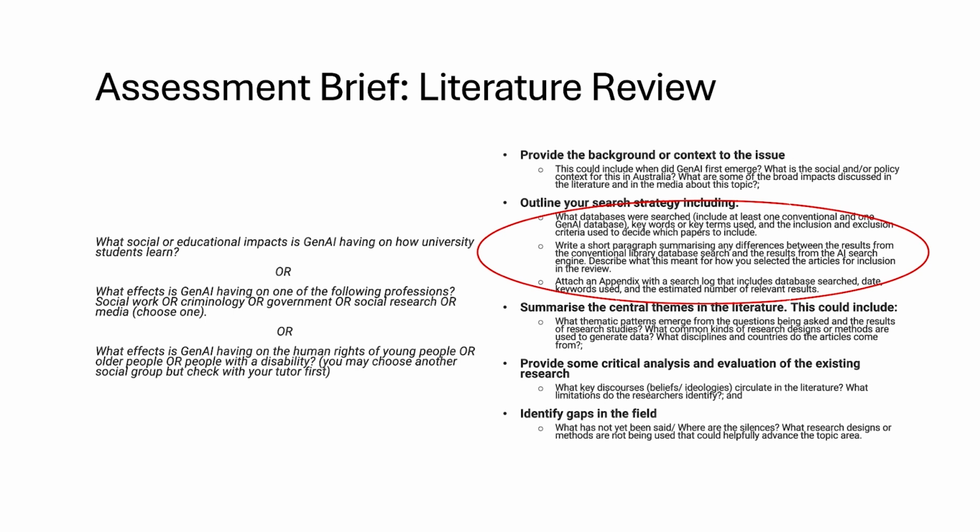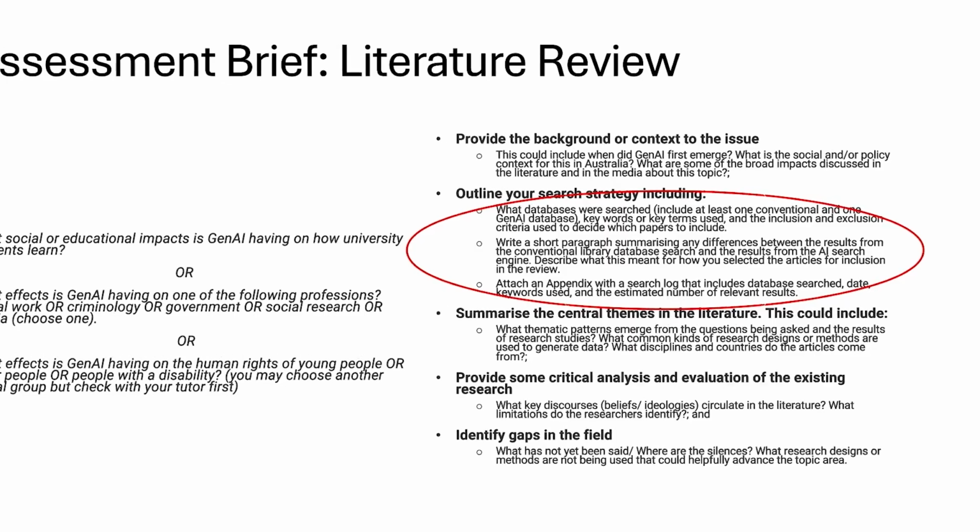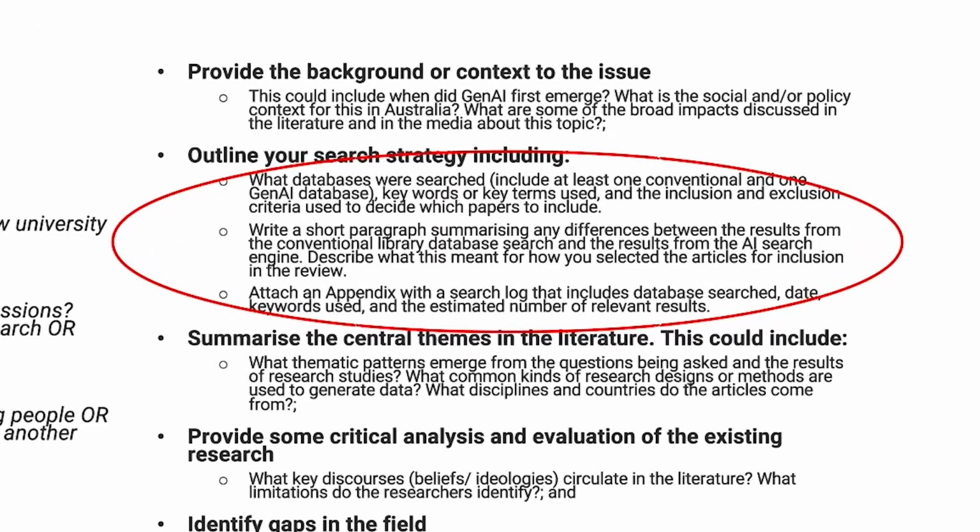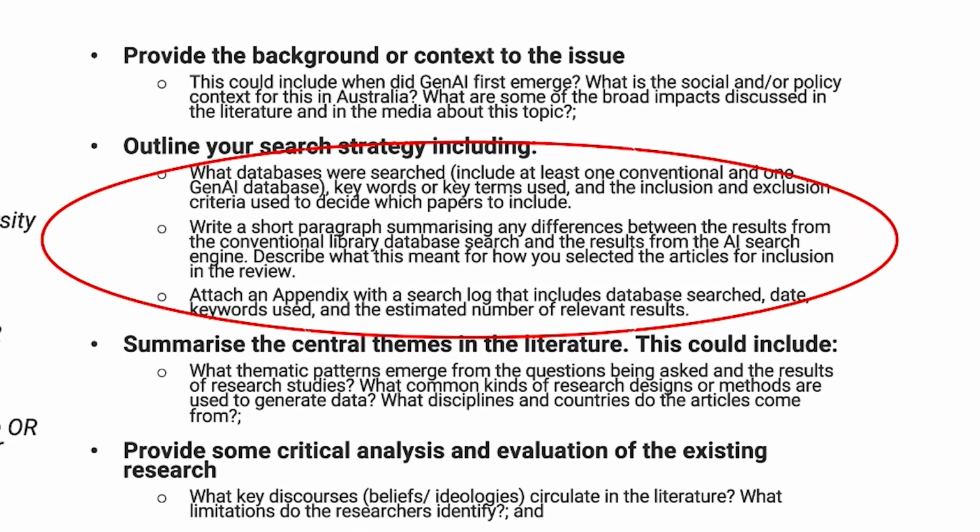But the assessment instructions in the assessment brief very clearly tell the students they must do a literature search using one conventional literature search tool, one AI literature search tool. They are then to explain how they understand the differences in these results, to compare them, to describe very clearly the basis they use for selection about which paper goes in and which paper goes out.